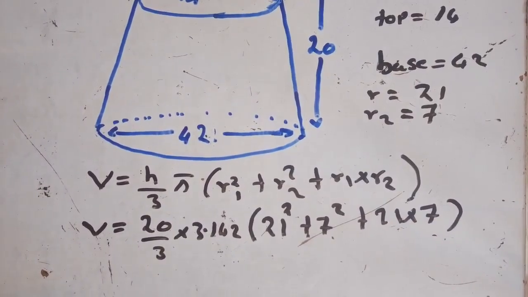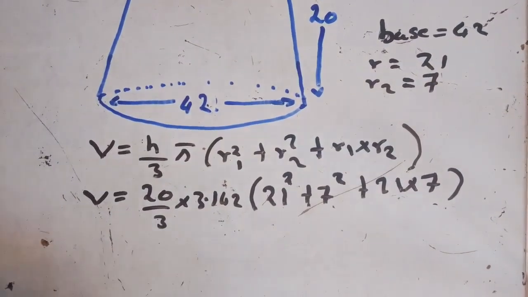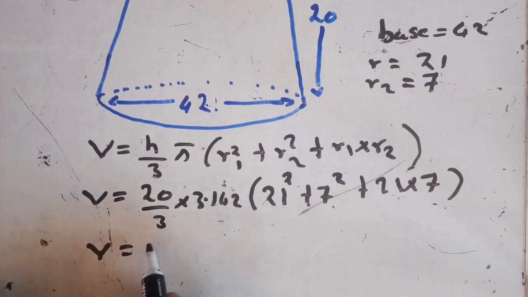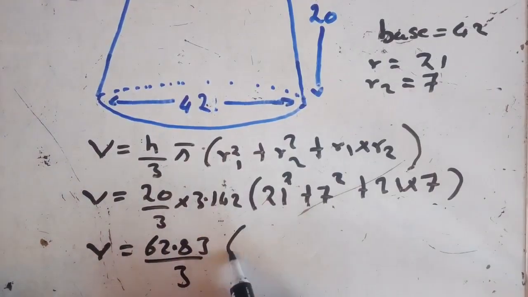Okay, so let's now begin our calculation. 20 times pi gives you 62.83. So volume is equal to 62.83 over 3 times, 21 squared is 441.